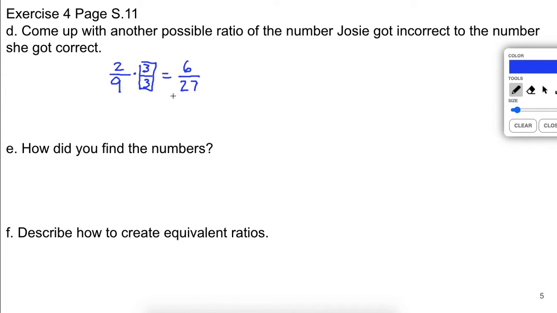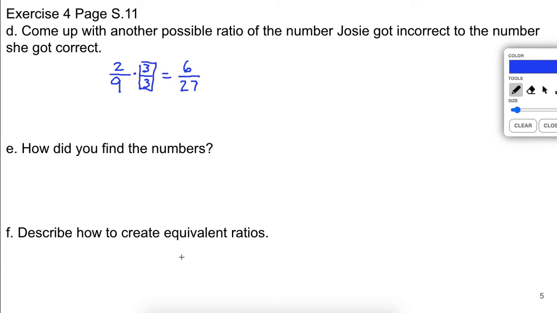So that's another one. So any giant one here will work. How do you find those numbers? Again, we're just multiplying. The key is we're multiplying them by the same thing. We multiply the numerator and denominator by the same thing. Make sure you write something down here in your book in both these.